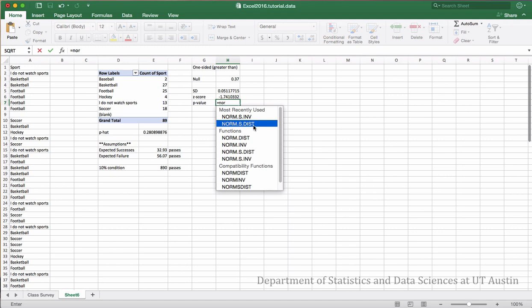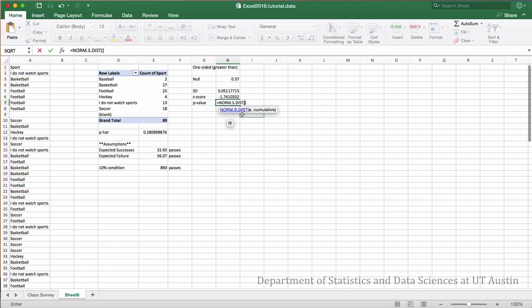That is the standard normal distribution. I want to plug in my z-score, which I just calculated, and put comma TRUE. Now what this will give me is the probability that I get something less than negative 1.74. However, our question says greater than. I want something more than that. So the simple fix there is we simply do 1 minus in front of that, and this will give us our desired probability. Hit enter.